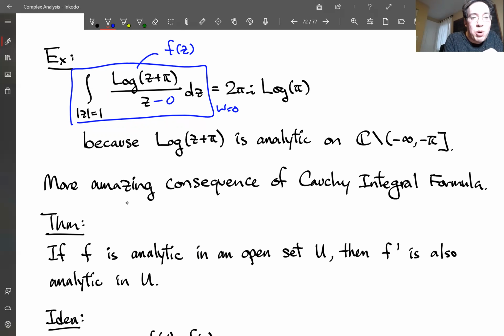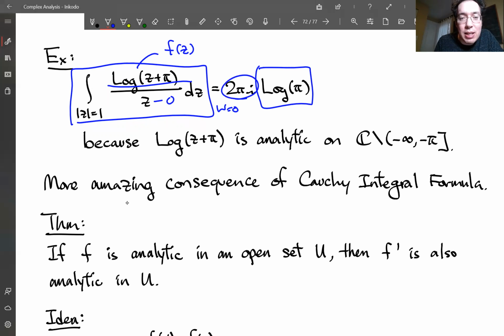And 1 over 2 pi i is missing in front of the integral. So I'm just going to multiply the answer by 2 pi i first. And what I have left is log of z plus pi, where I plug in the value 0 into z. So I just get log of pi. And that's it. And you do have to be careful.